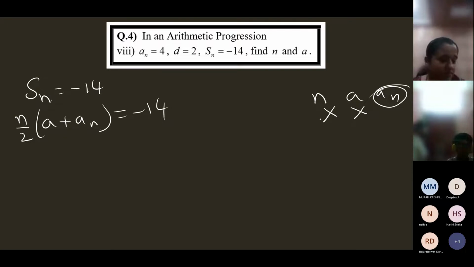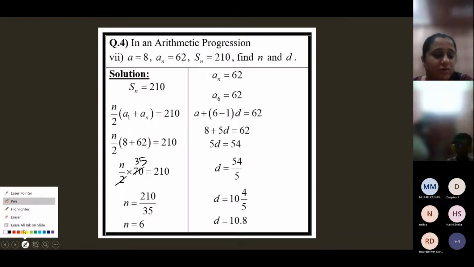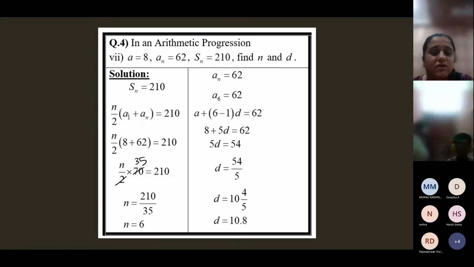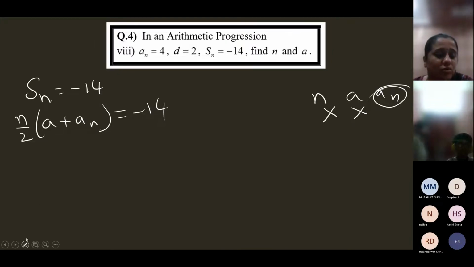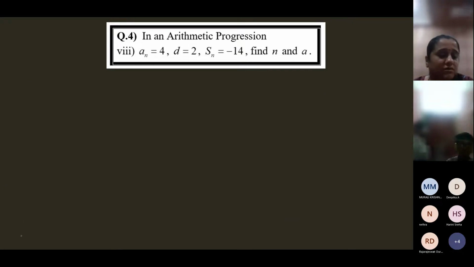Earlier we used that because we were able to find the value of one unknown. Here we use this formula because a8, an 62, and solving this, we were able to find the value of n. But here, there are three things and you know only one of it.